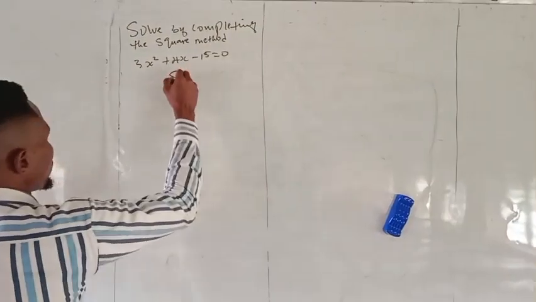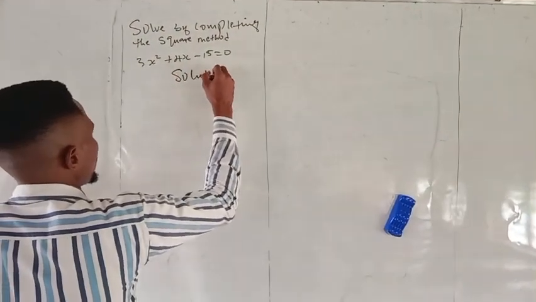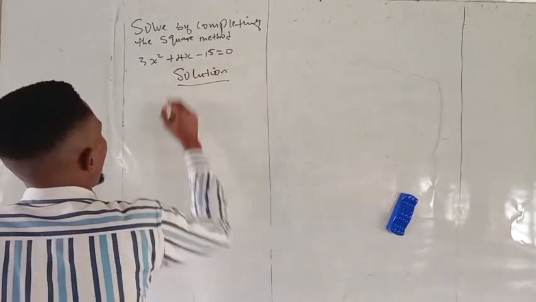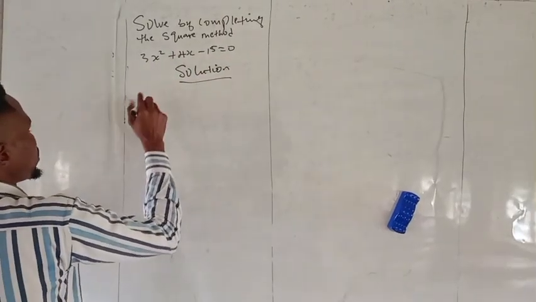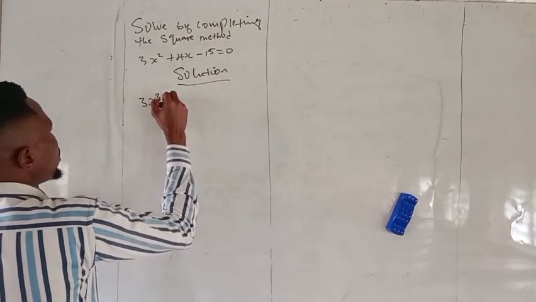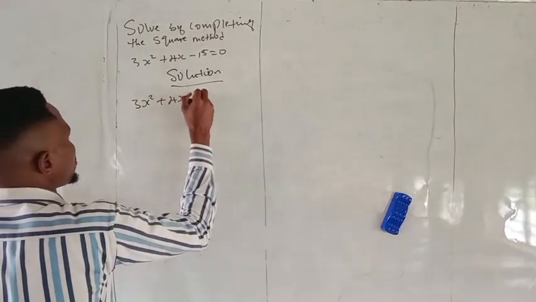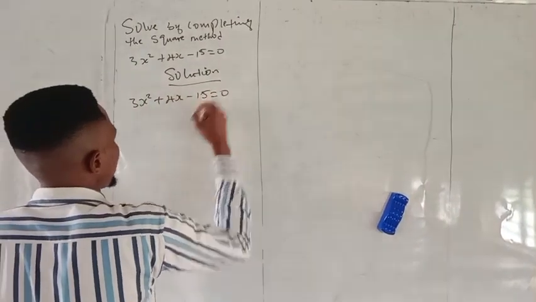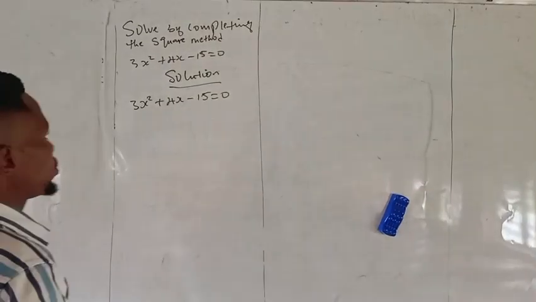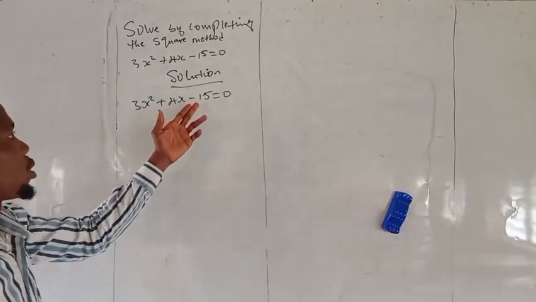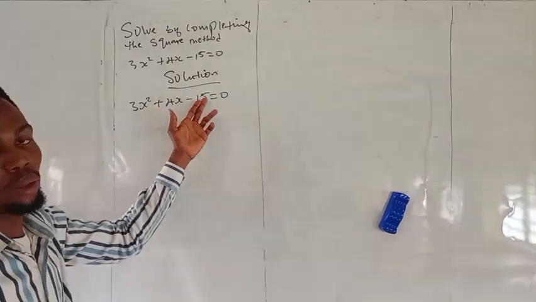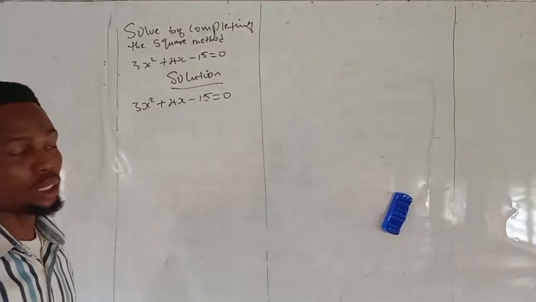Alright, so with the solution, bringing down the question, 3x squared plus 4x minus 15 equal to 0. The first thing you have to do is to cross this constant over the equality sign. That's the first step.